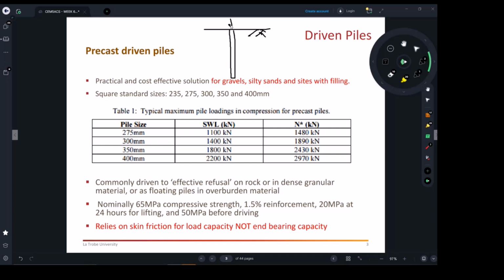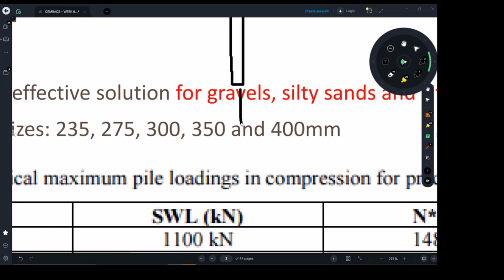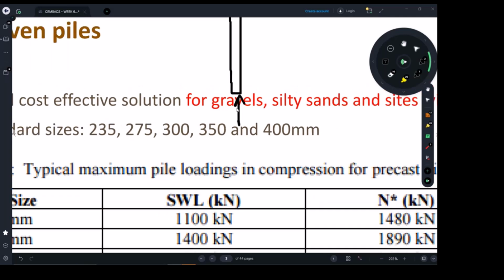This is the load coming from the top, P, from maybe a column or a wall. The first component is the bearing at the bottom. You've got bearing stresses, so the arrow should be looking upwards, to resist the load, but this is typically not enough.